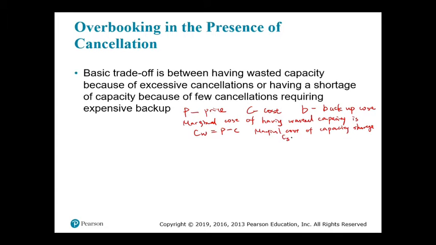Let's say CS is equal to C plus B minus P.